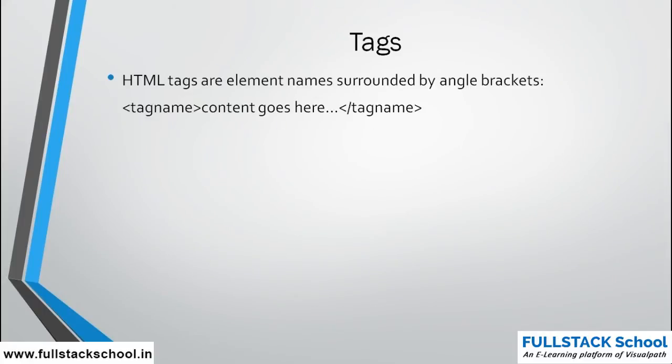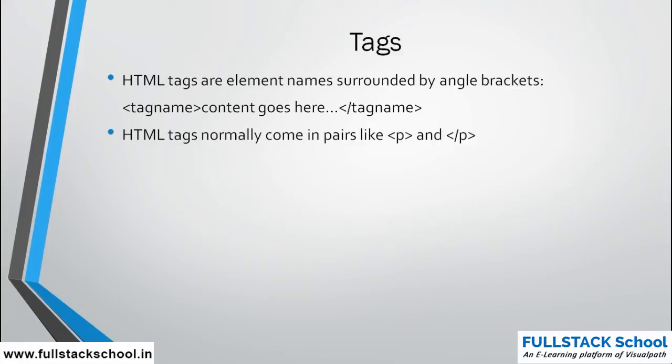On your keyboard, if you press shift with the comma or period key, you get the less-than or greater-than sign. We write a tag name inside those angle brackets, then the content you want to display, then you need to close the tag. The tag that has just started needs to be closed with a forward slash.